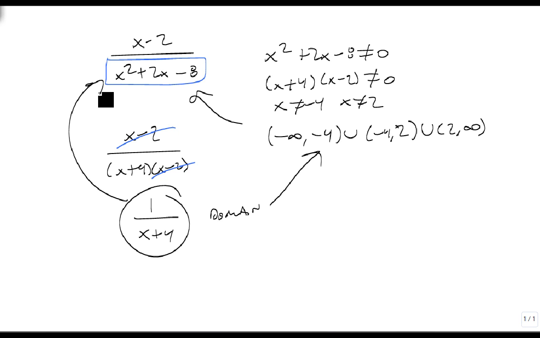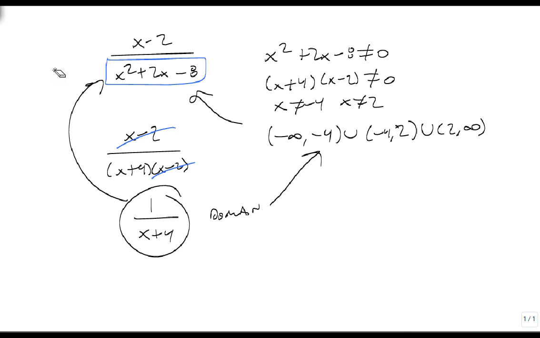Because the idea is that anything I plug in here will be the same thing I get if I plug in here, and if I plug a 2 in, I will get 1/6, and here I'll get 0 over 0, which is undefined. And 1/6 does not equal an undefined number. It's very defined. So once it's in your domain, it's always in your domain.